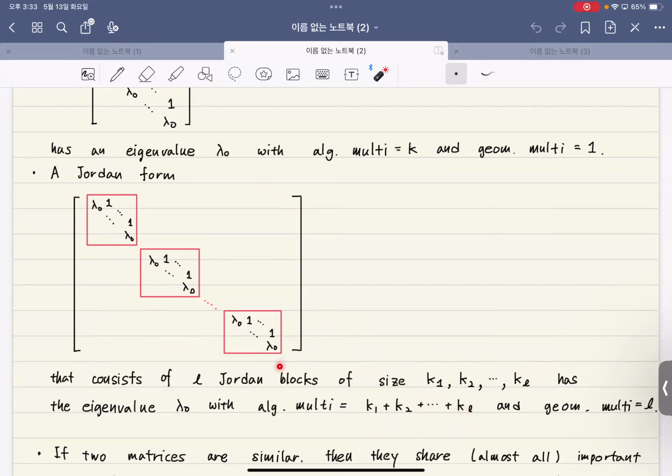I am pretty sure that the only eigenvalue of this matrix is lambda zero, and its algebraic multiplicity is precisely the size of this matrix. And what do you think is the geometric multiplicity? Well, the geometric multiplicity is L because each of these Jordan blocks contributes precisely 1 to the geometric multiplicity of that eigenvalue, and here we have L such Jordan blocks. Therefore, its geometric multiplicity must be L.